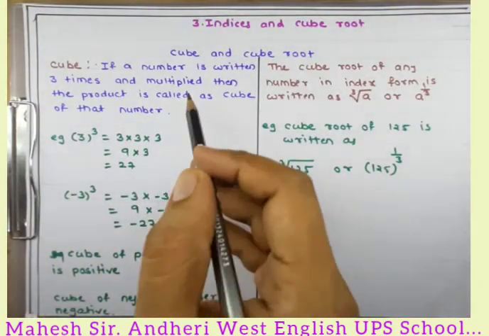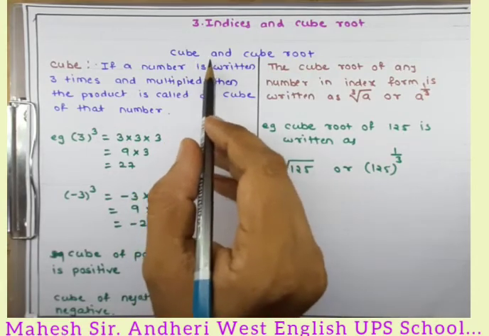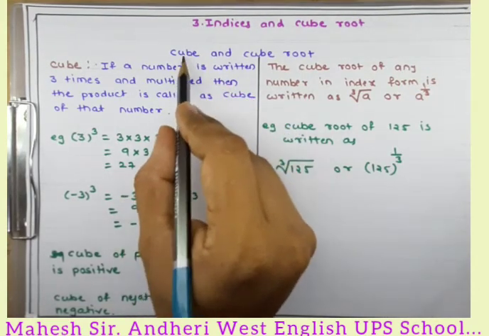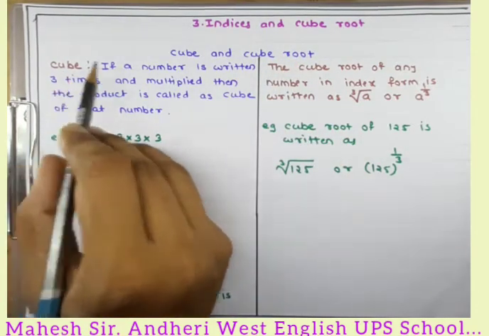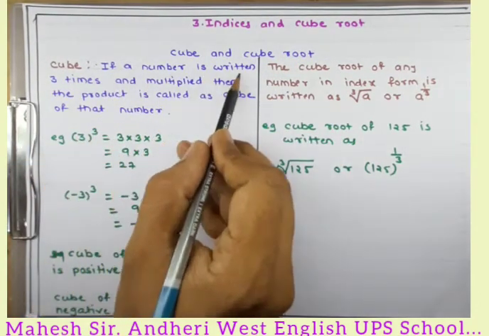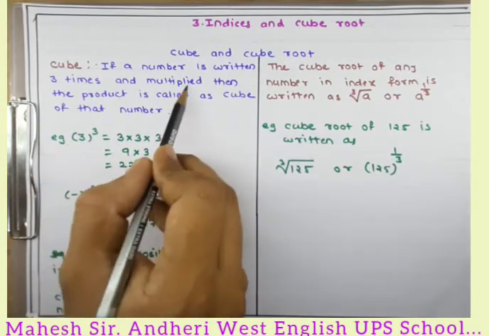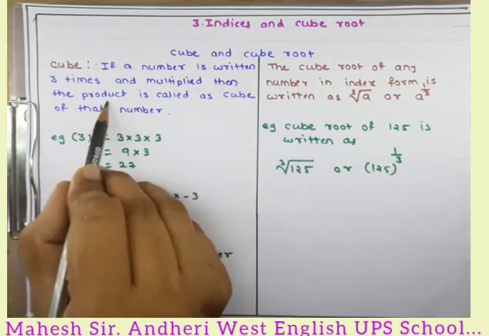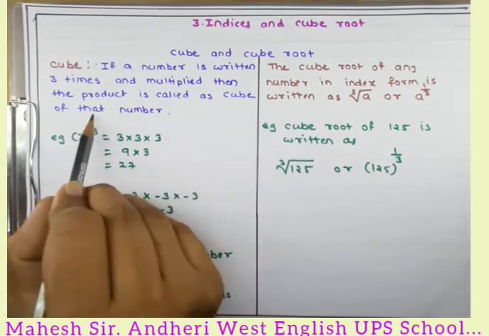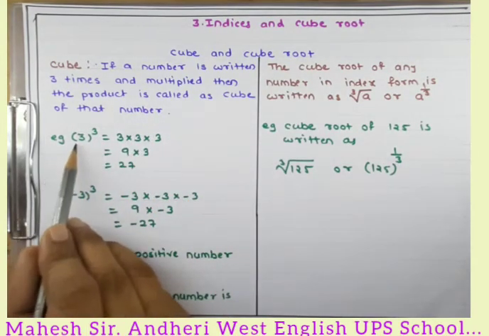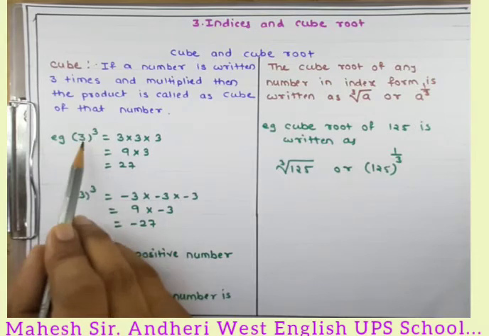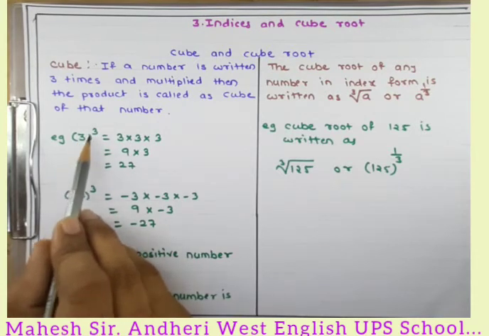As with the square and square root, we can write for a cube and cube root. So what is the meaning of cube? If a number is written 3 times and multiplied, then the product is called the cube of that number. Example, 3 cube, or 3 raised to 3.